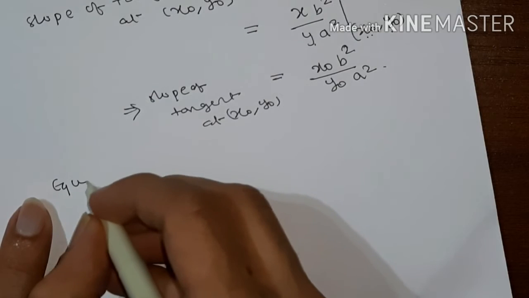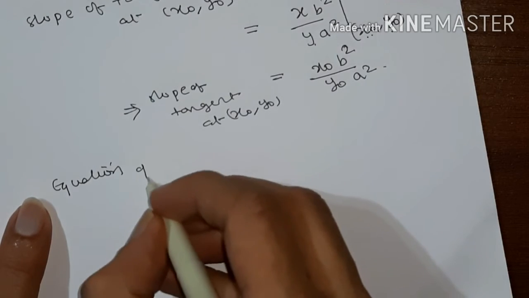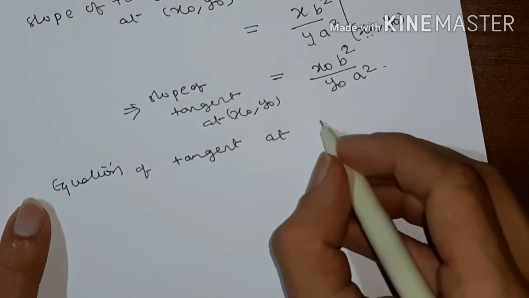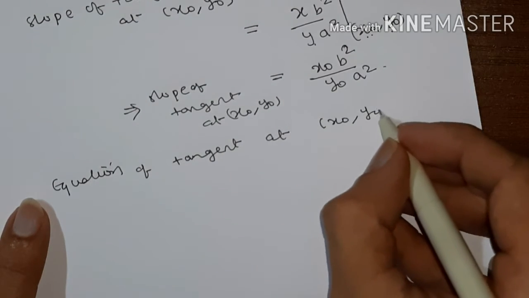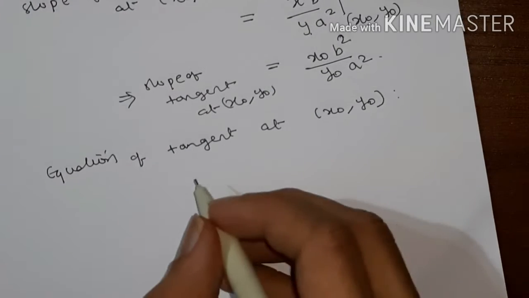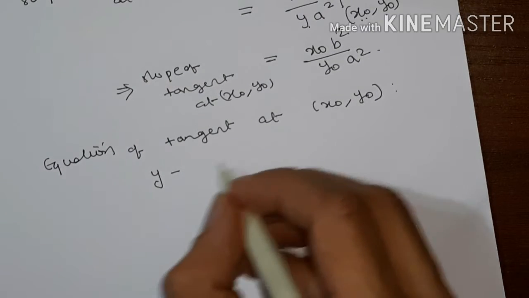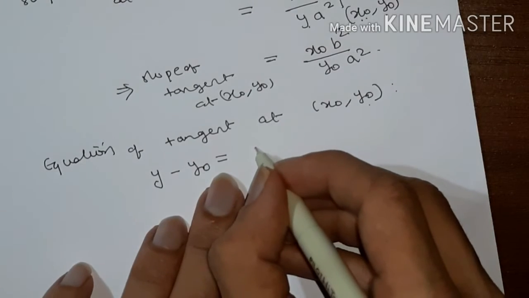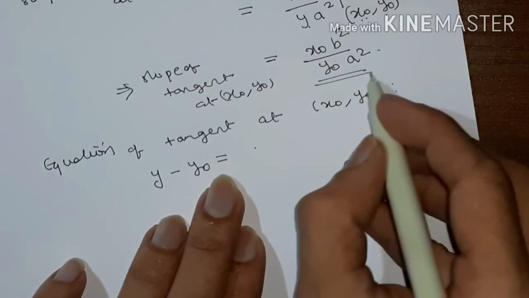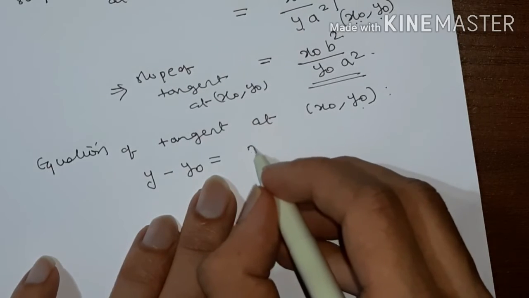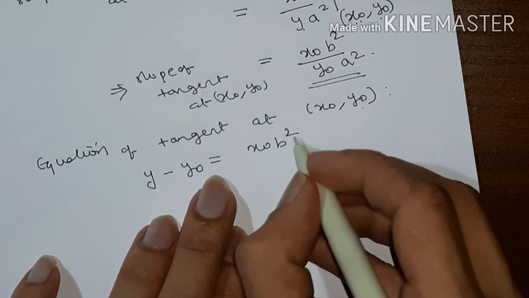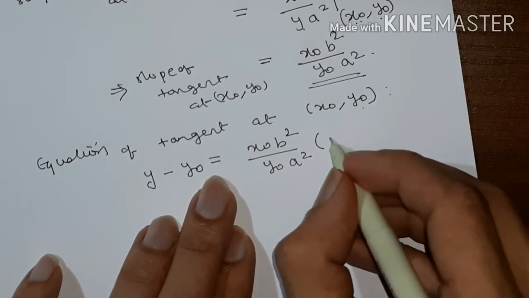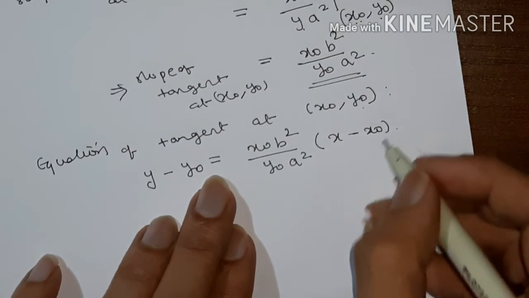So the equation of the tangent at the point x naught comma y naught is what? y minus y naught equal to, the slope of the tangent is this, right? So we will get x naught b square divided by y naught a square multiplied by x minus x naught.